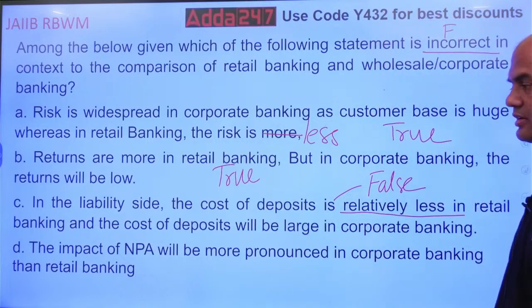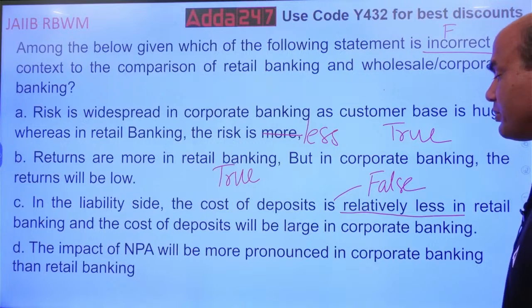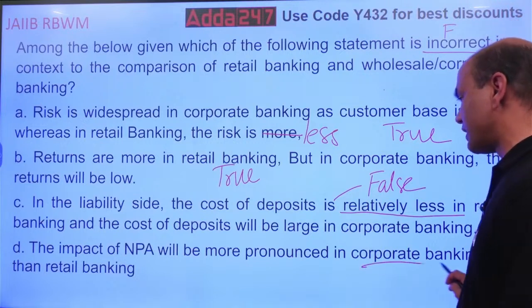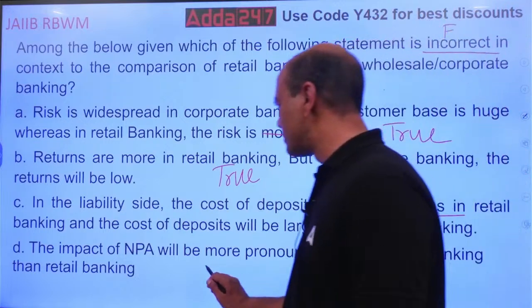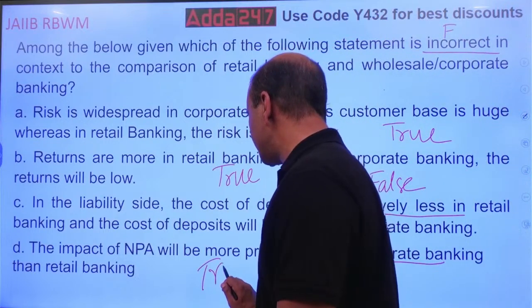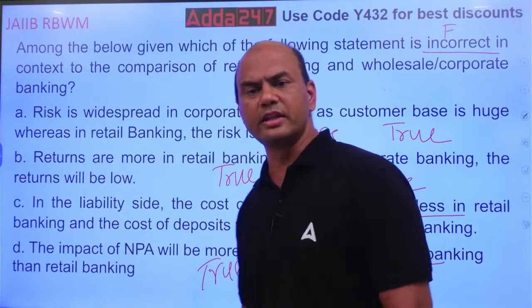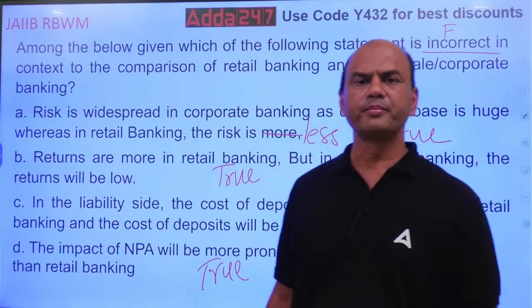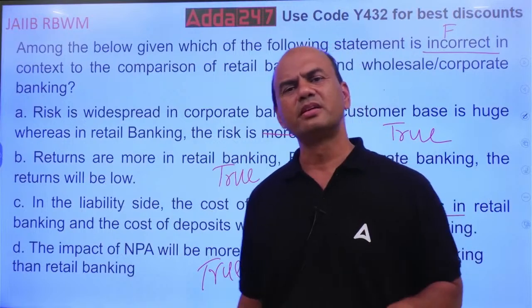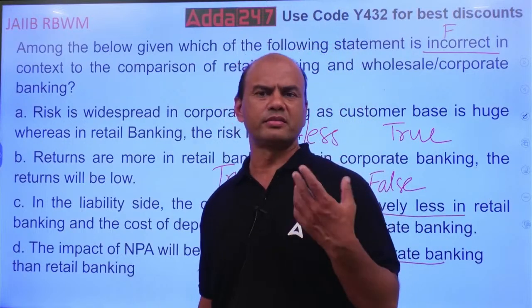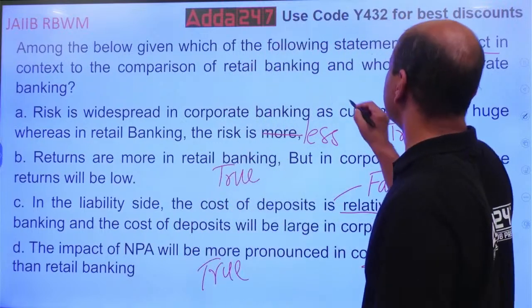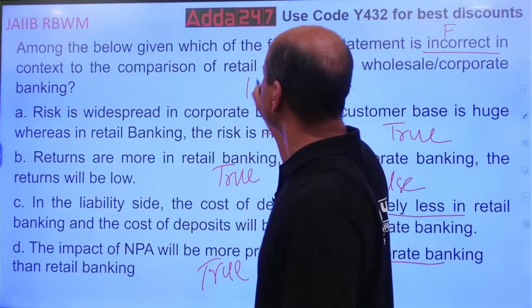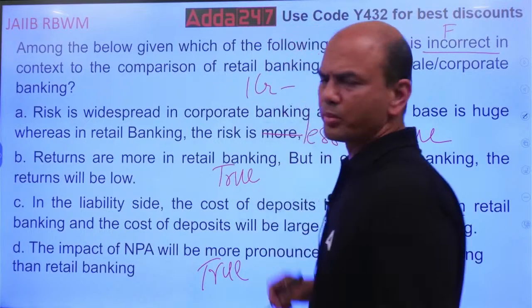Incorrect. And the last one: the impact of NPA will be more pronounced in corporate banking than retail banking. That's true, obviously. There will be more NPAs in corporate banking than in retail banking. Why? I'll give you a simple example. Let's say I have 1 crore rupees. In corporate banking, what will I do?